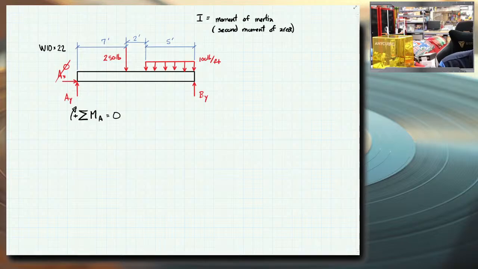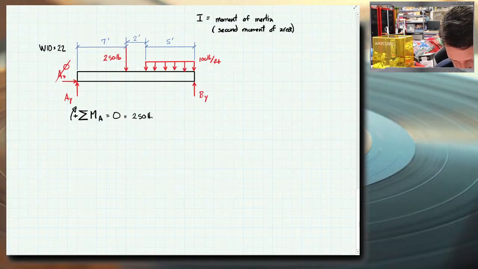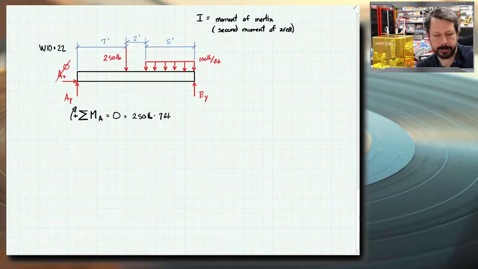All right. So it's 250 pounds times 7 feet. That's the moment that the 250 pound point load creates about point A. We've got this distributed load. It is 100 pounds per foot, and it is 5 feet long.